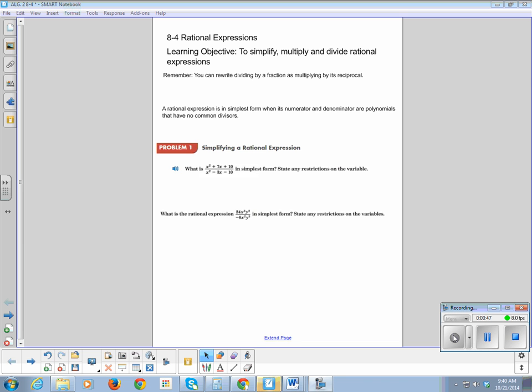In case you don't remember, it's like this: 1/2 divided by 1/4. You can rewrite that as 1/2 times 4/1. So you can rewrite dividing by a fraction as multiplying by its reciprocal. So please recall that.